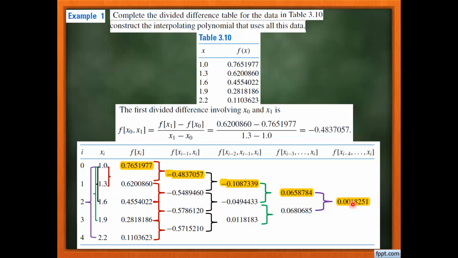And for the last one, I will take the difference of these two values, 0.068 minus 0.065, divided by 2.2 minus 1.0. As you move along the table, when you reach the last column, you are only going to get a single value. For that single value, you divide the difference of these two values by 2.2 minus 1.0, which means that you have included all the data points.